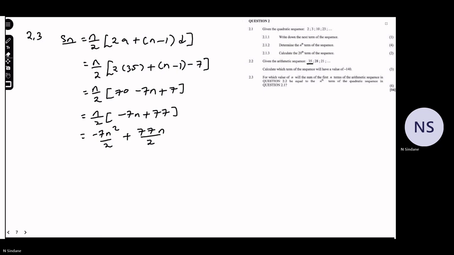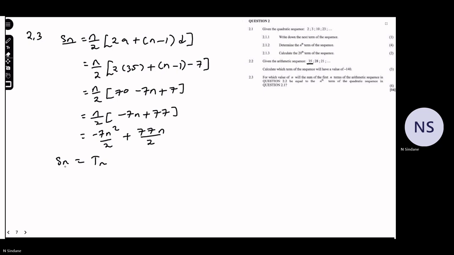And then they're asking, for which values of n will the sum of the first n terms of the arithmetic sequence in question 2.2 be equal to the nth term of the quadratic sequence in 2.1? So in this case, for which values of n will Sn be equal to Tn, right?